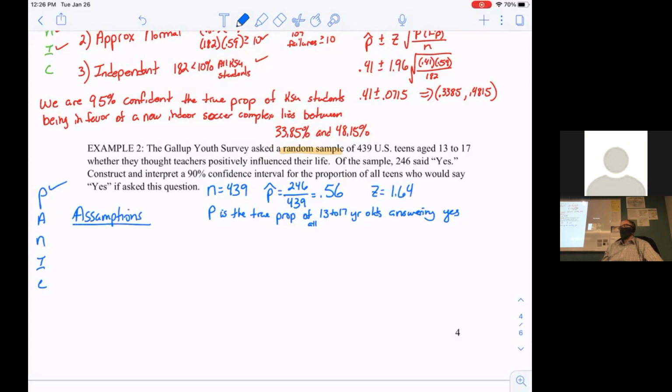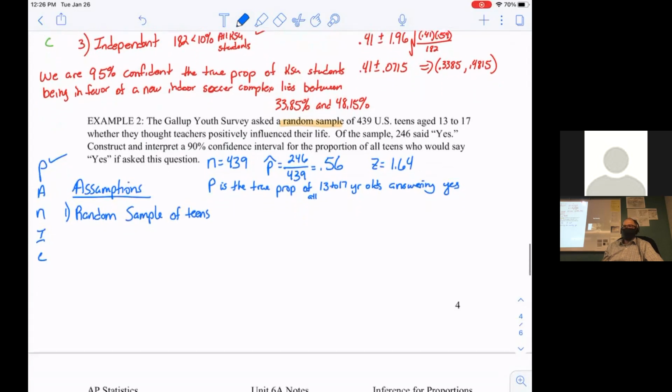Assumptions. My number one assumption, as always, random sample of teens.